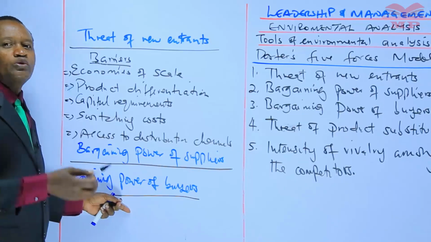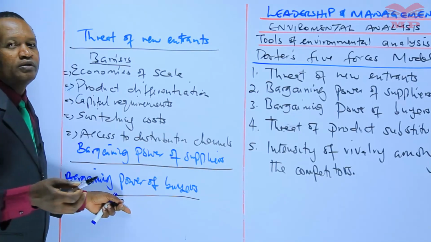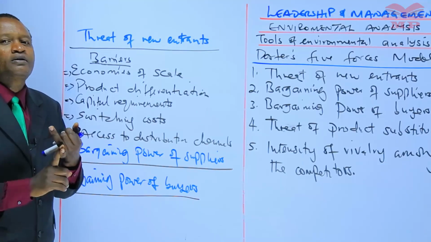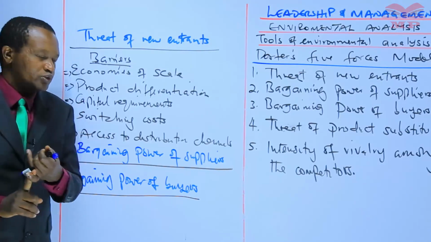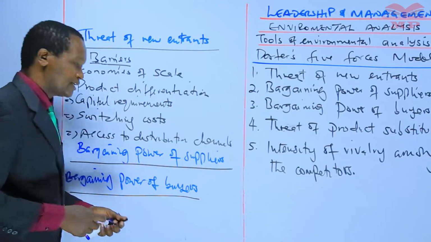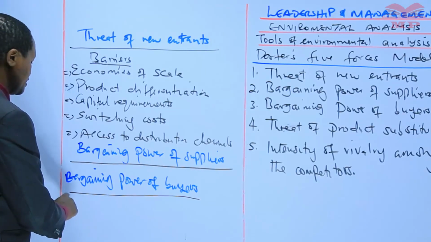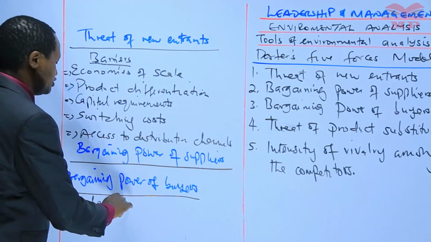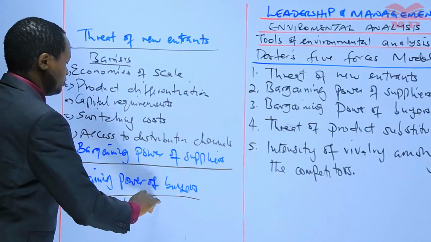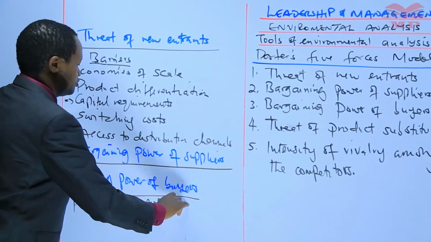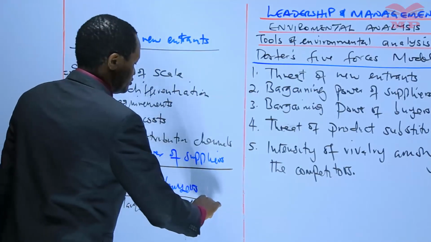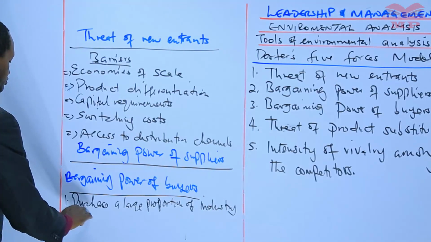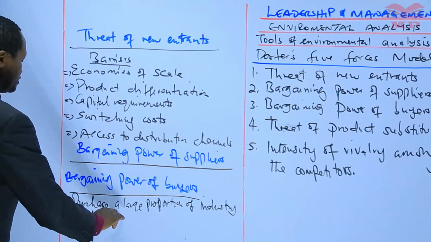So a buyer or a group of buyers is powerful if, number one, they can purchase a large proportion of industry goods or services.